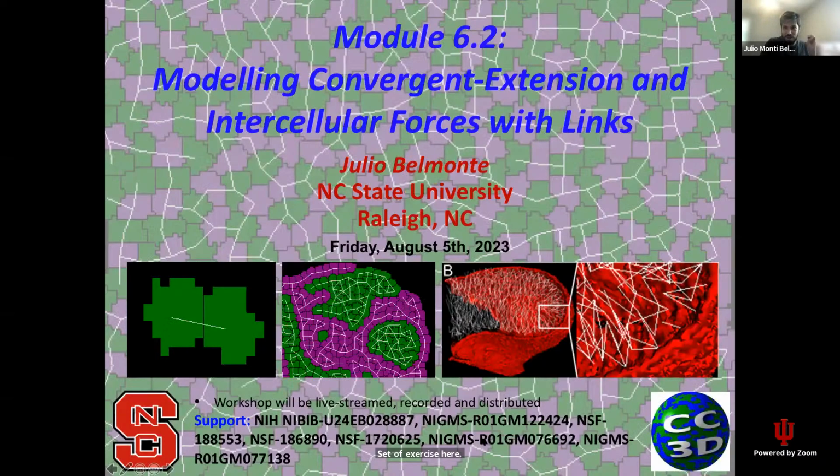So let me now really move forward to module 6.2, properly speaking, and talk about the use of links to model convergent extension, the cellular forces, and cell crawling in simulations, okay?